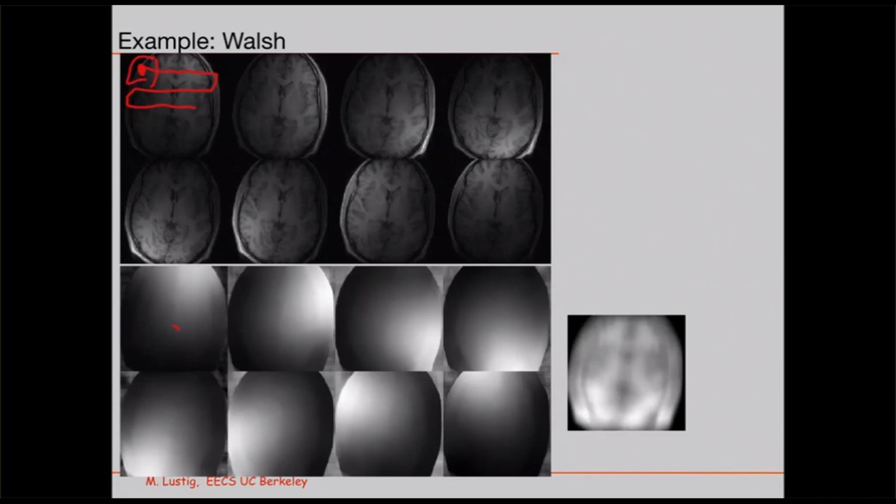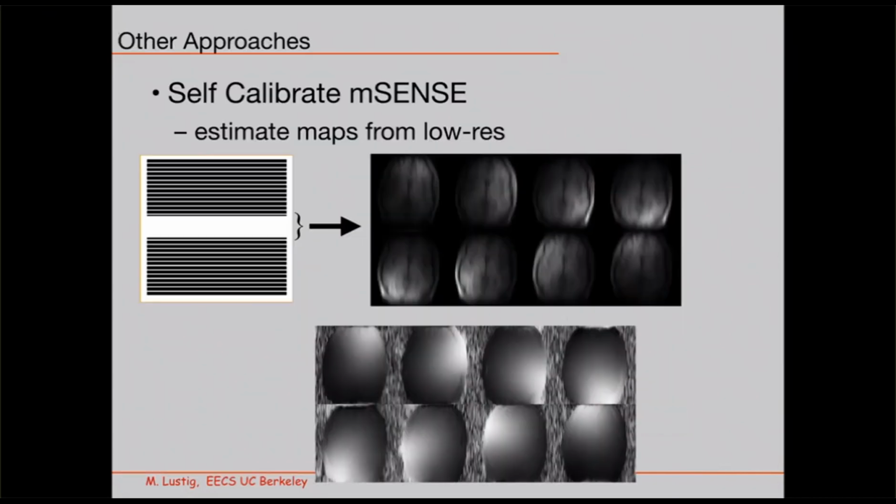The other last thing that people do is self-calibration. They collect an accelerated image, but in the low resolution part of K-space, they collect full K-space. This doesn't have aliasing, but it's low resolution.